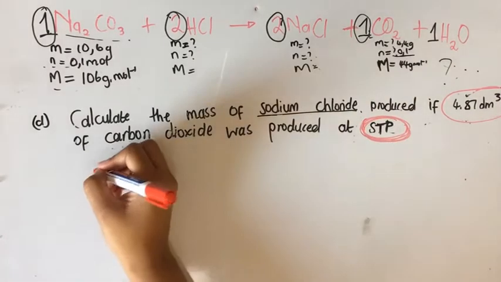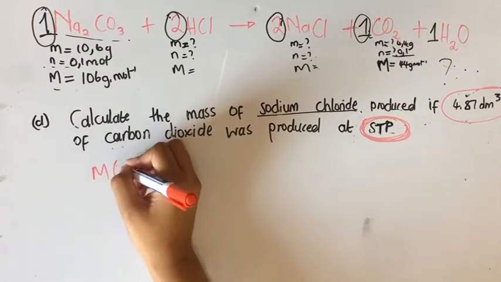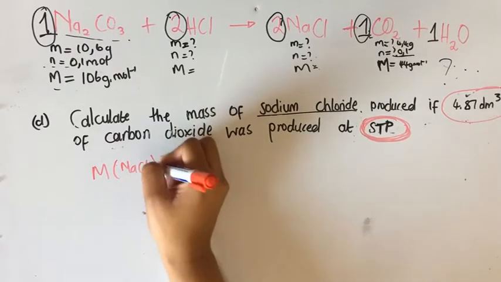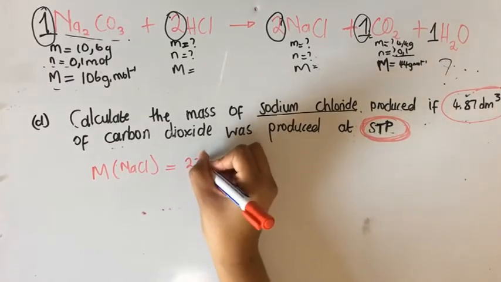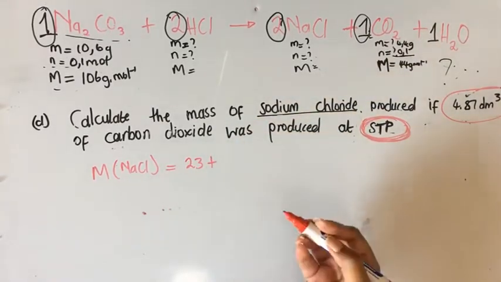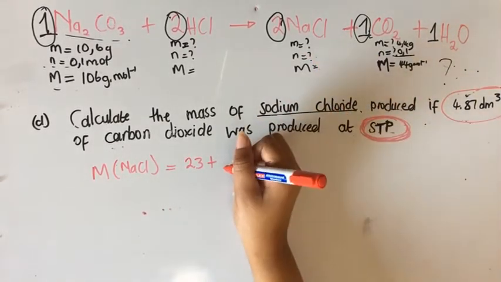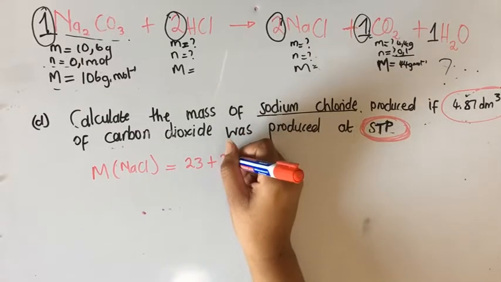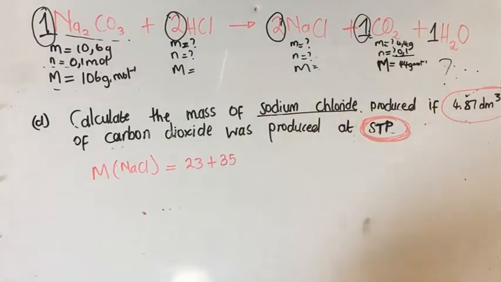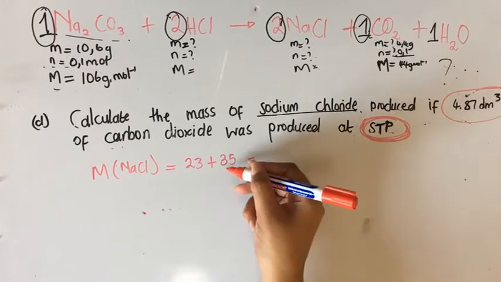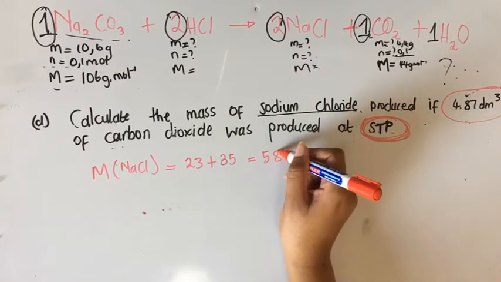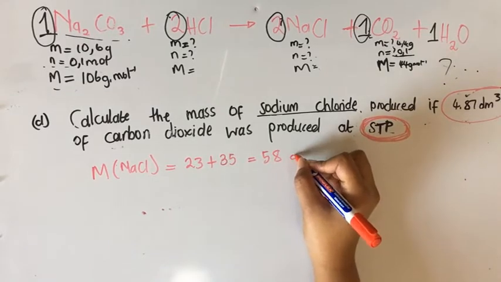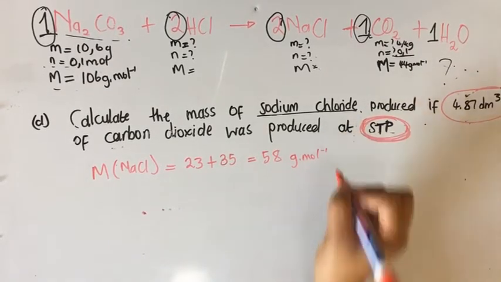So molar mass for sodium chloride is equal to atomic mass of sodium, which is 23, plus atomic mass of chlorine, which is 35. Okay, and then 35 plus 23 is a total of 58. Yes, 58 grams per mole.